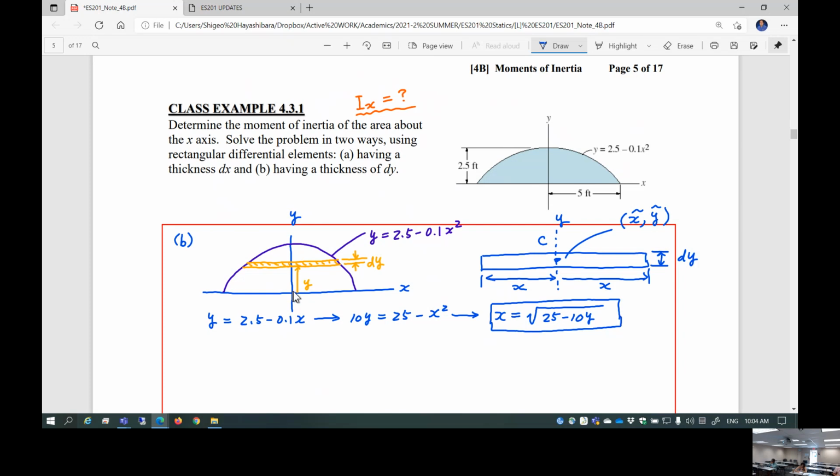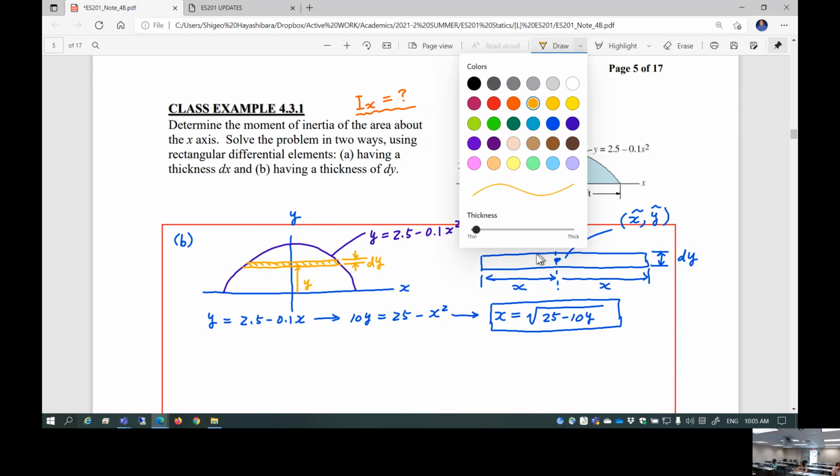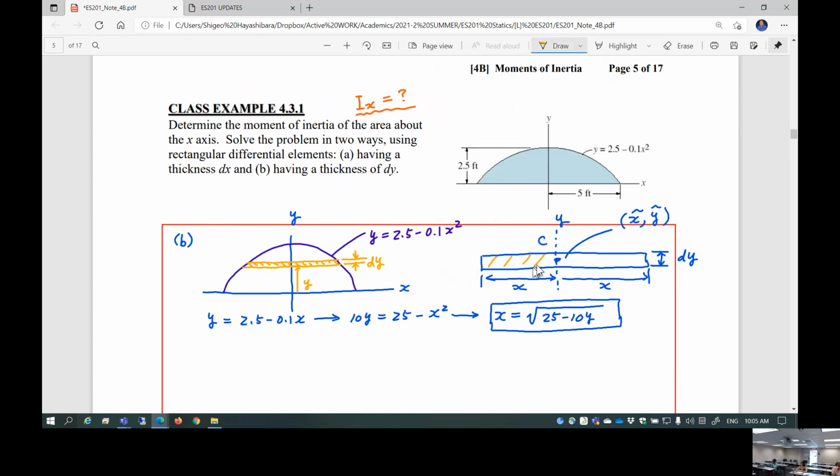So this is the functional relationship, x as a function of y. In other words, as you go along this y coordinate, how much x changes. This is going to determine this x and that x, both. And obviously, this is a dA. Now this dA is 2 times x times dy.